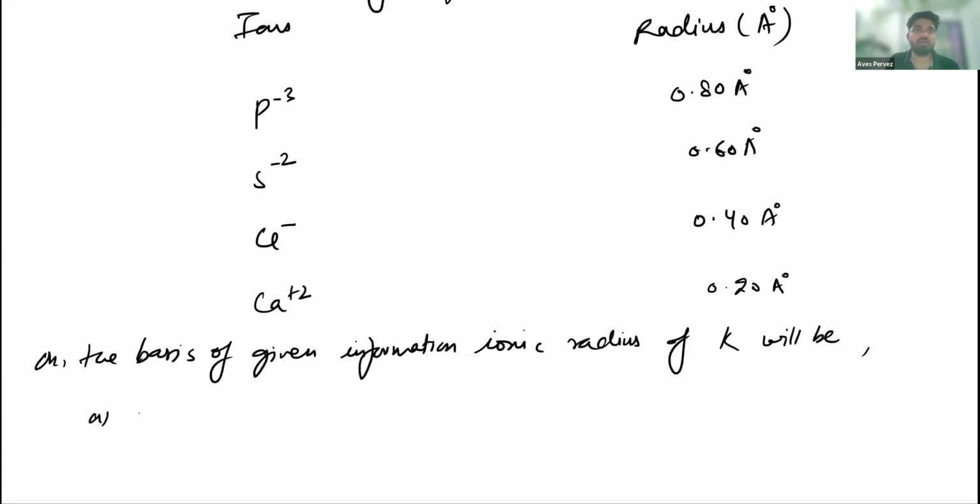Option A is 0.90 angstrom. Option B is 0.70 angstrom. Option C is 0.50 angstrom, and option D is 0.30 angstrom. Tell me. Potassium will lie here.